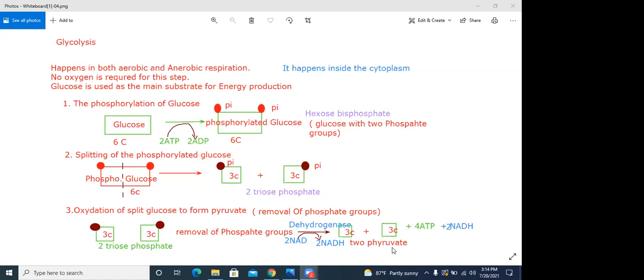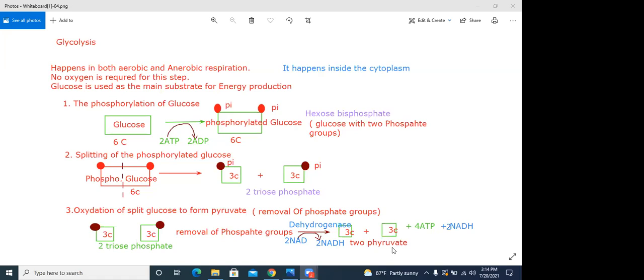By removal of hydrogen only, they can form the pyruvate. That removed hydrogen should be taken by someone. That is where the NAD acts as the reducing agent. And there's an enzyme also used, dehydrogenase.